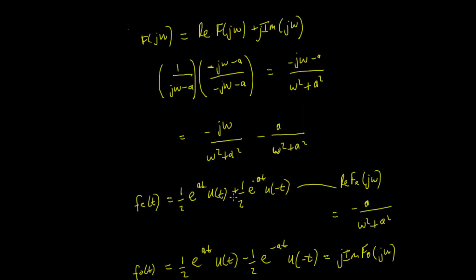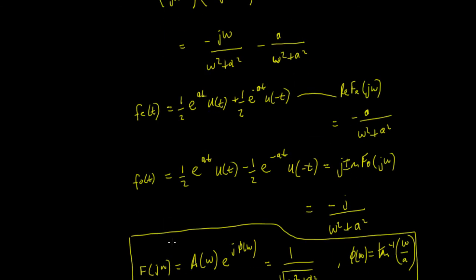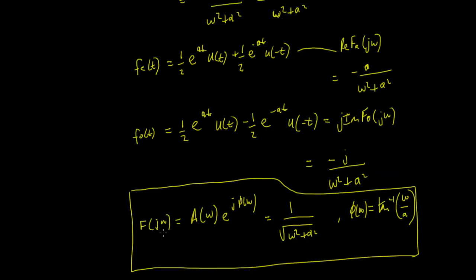We're able to see how the even function generates a real even function of frequency, and an odd function generates an imaginary odd function of frequency. And we found out what these values were: minus a upon omega squared plus a squared, and for the odd term minus j upon omega squared plus a squared, and in the final version you can find out the magnitude and the phase of F of j omega.